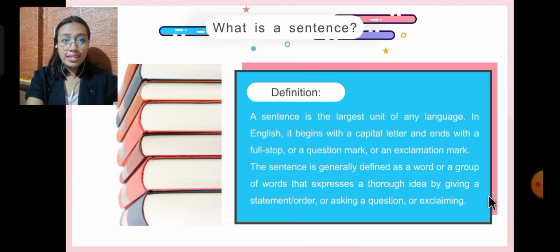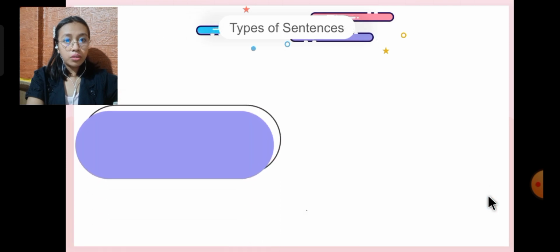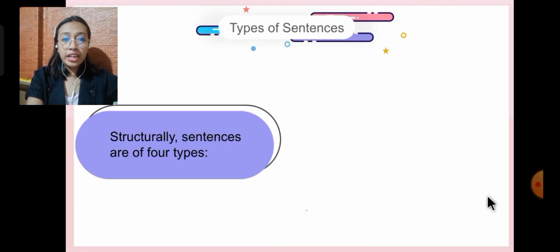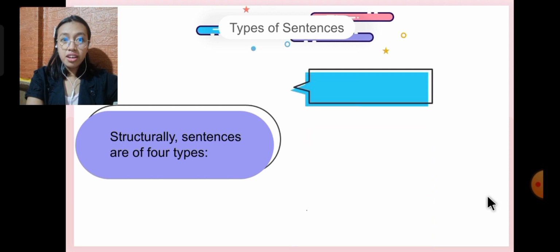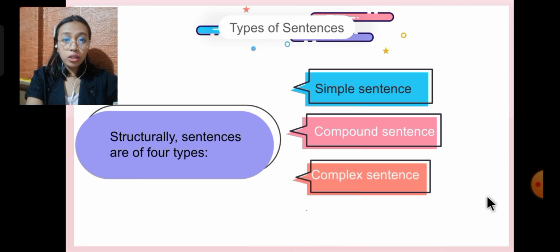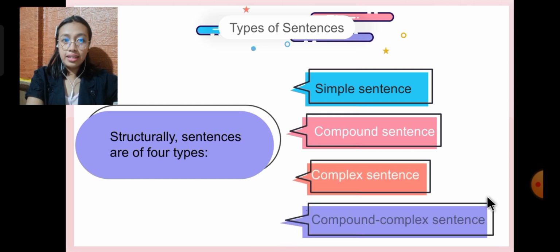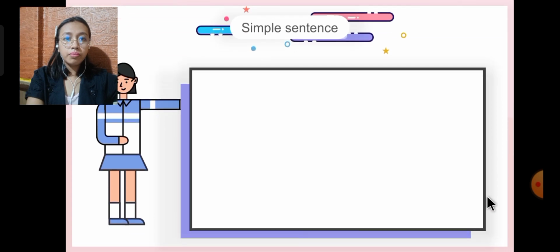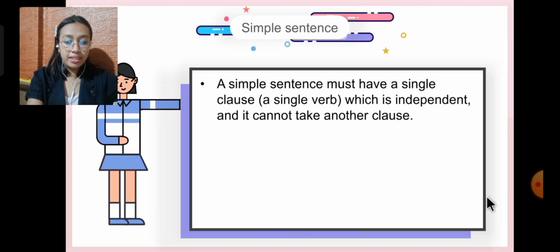Now that we know what a sentence is, let's go to the types of sentences. Structurally, sentences are of four types: simple sentence, compound sentence, complex sentence, and compound-complex sentence.